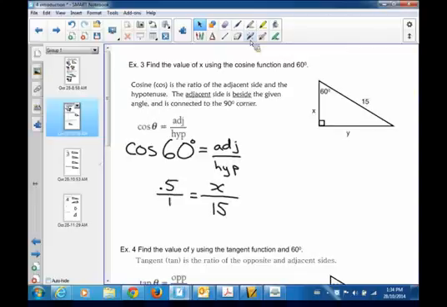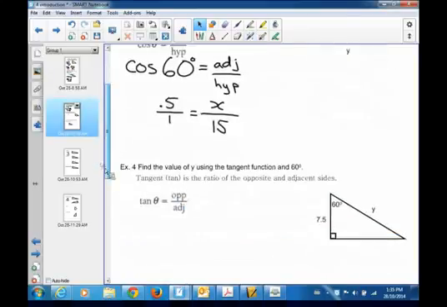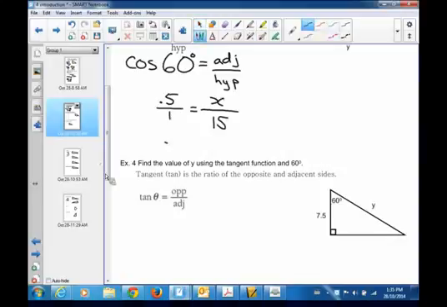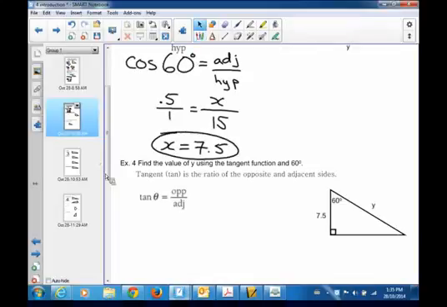Cross multiply: 0.5 times 15, divided by 1, and it's still 7.5, just like the time we did before. It's not too bad. Any questions at this point?